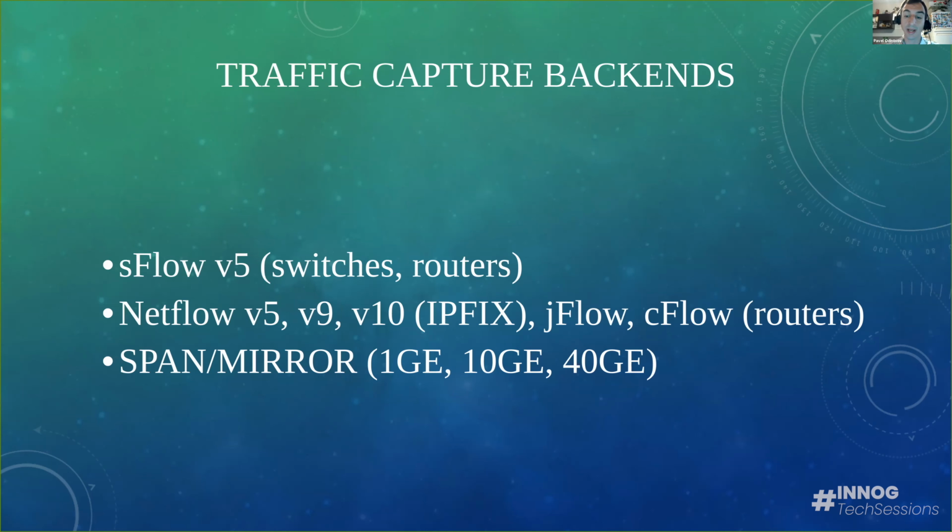As for the ways we can receive traffic from your network equipment, typically we support sFlow, NetFlow, and IPFIX. In case your equipment doesn't have any options to export network traffic telemetry, you may use SPAN mirror, because it doesn't need any kind of hardware support.